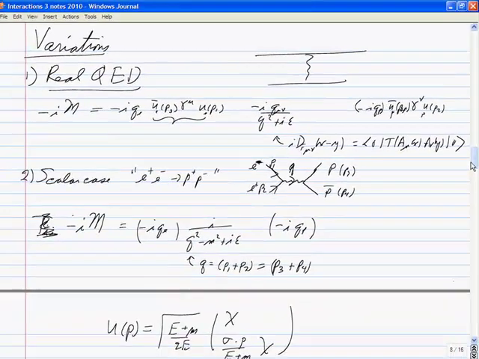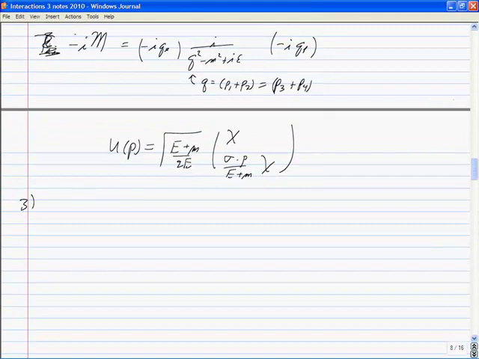Actually, let me do a third example, just because we'll probably use this sometime later on too. Let's do real QED, but use spin 0 QED. Okay, so to do this, you have to remember what the matrix elements of the currents were.